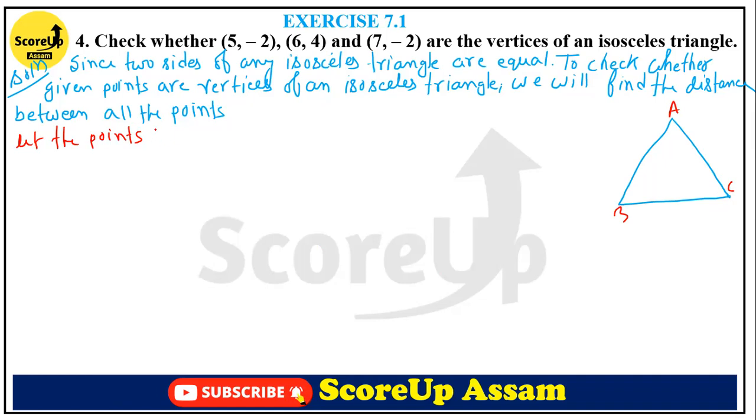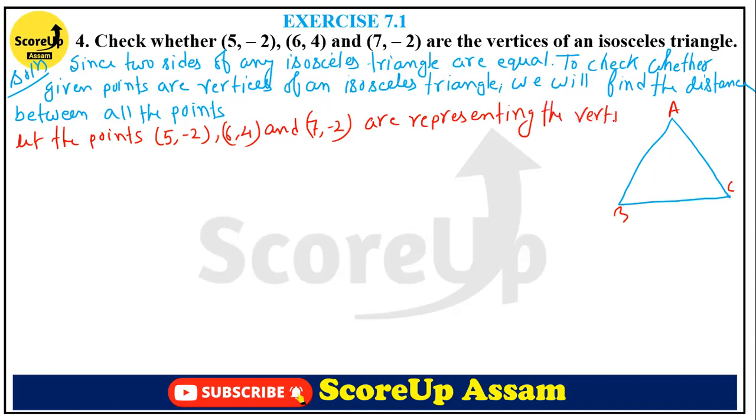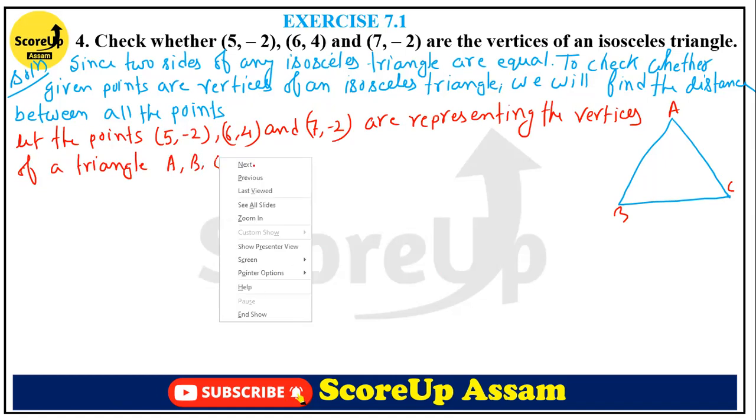Let the points (5, -2), (6, 4) and (7, -2) represent the vertices of triangle ABC respectively.